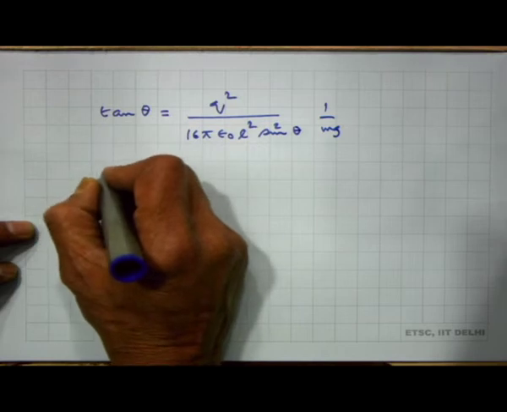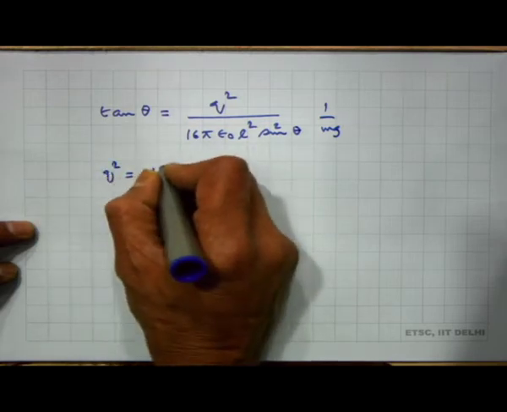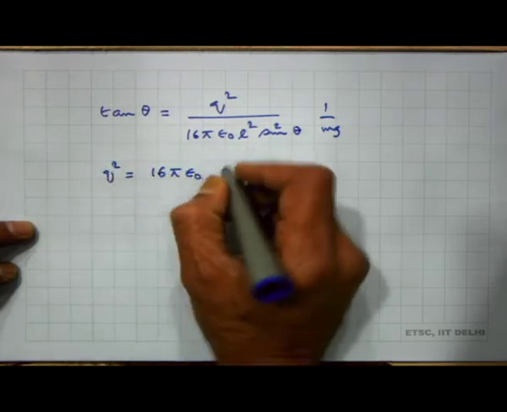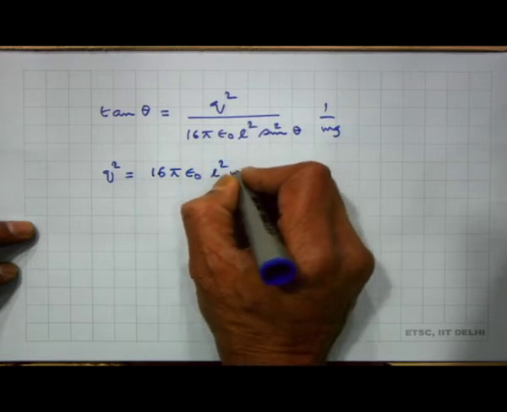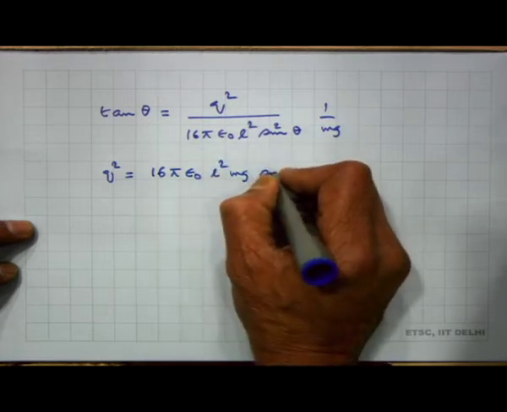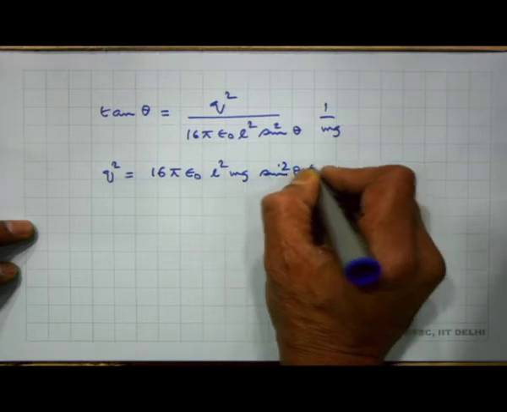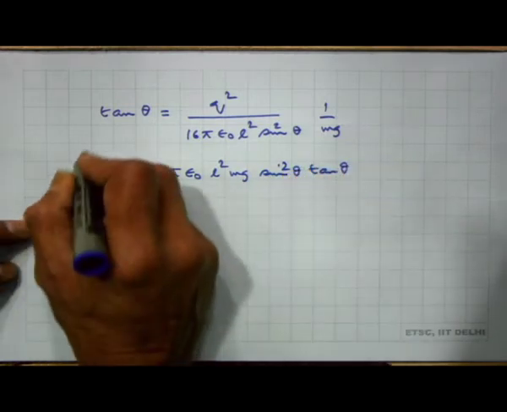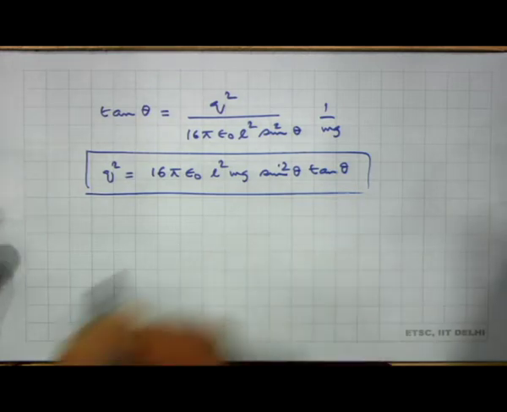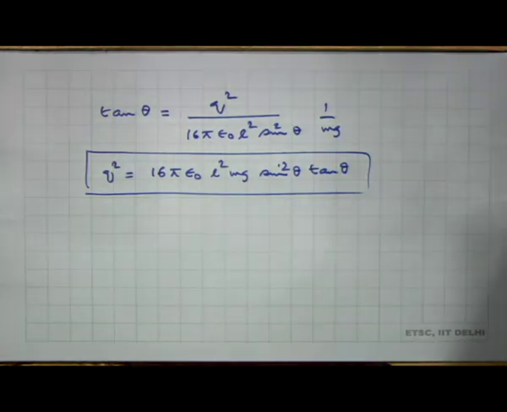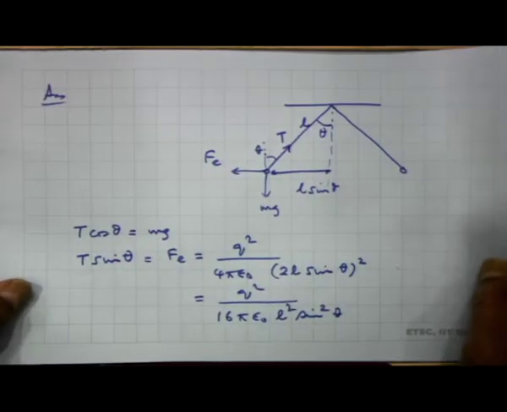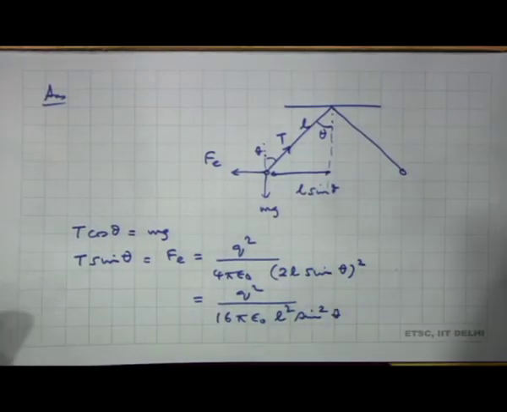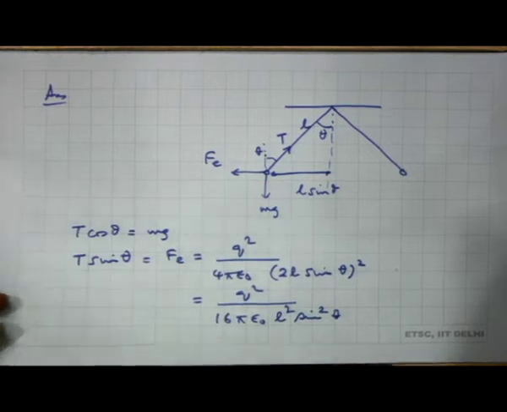So, q square is equal to 16 pi epsilon 0 L square mg sin square theta tan theta. If you know the charge that is put on these particles of mass m, you can find out the angle theta at which the equilibrium position will be obtained.